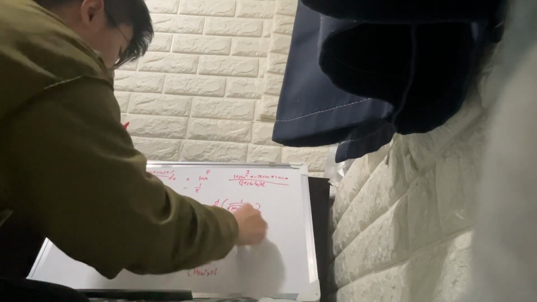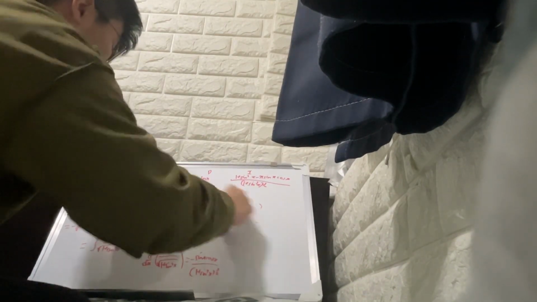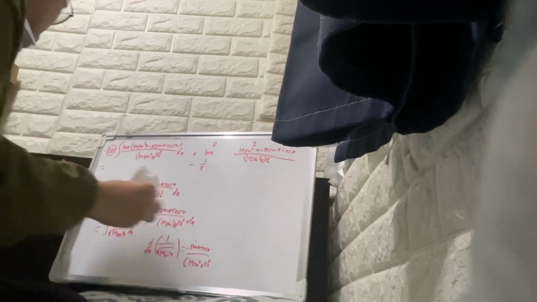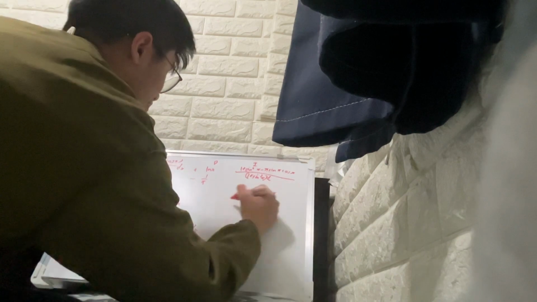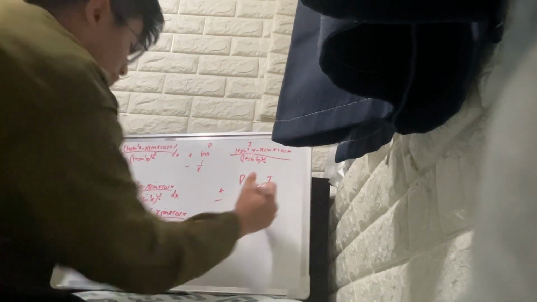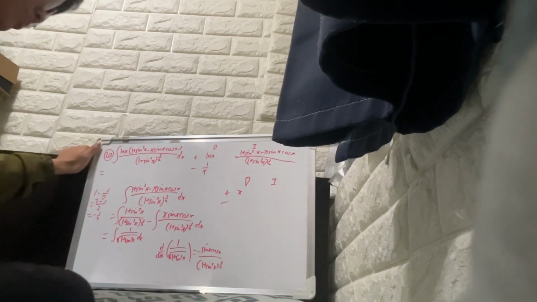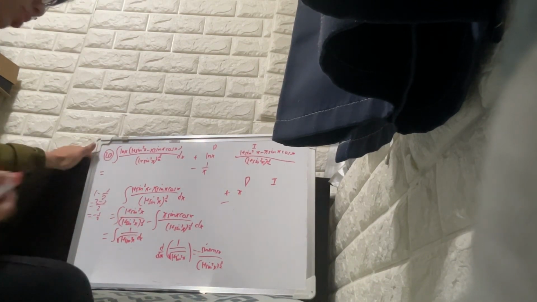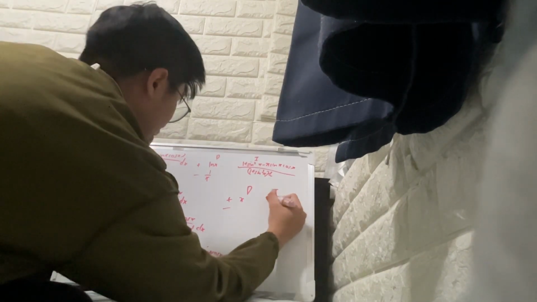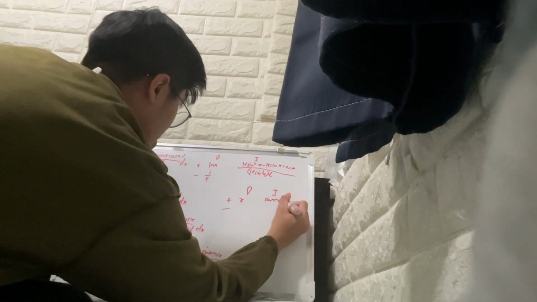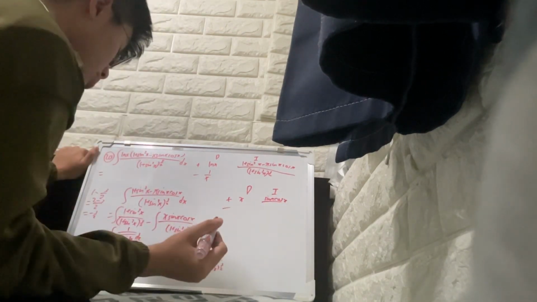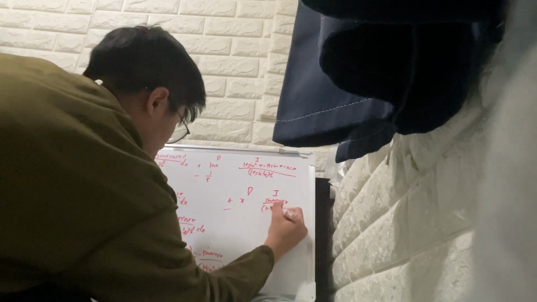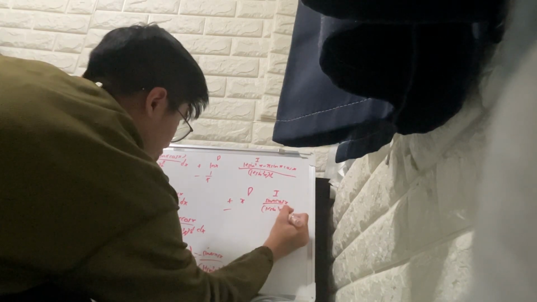So I'm going to use our DI method. We're going to differentiate x and then integrate sin x cos x over this 1 plus sin squared x.